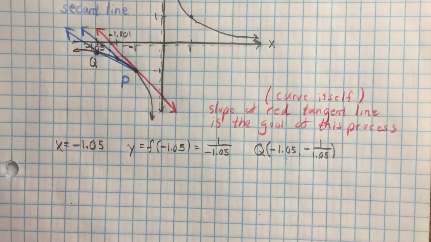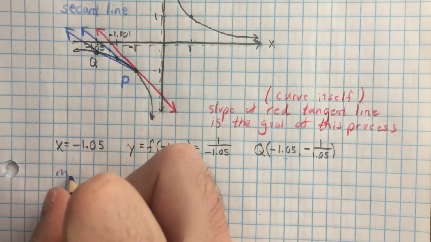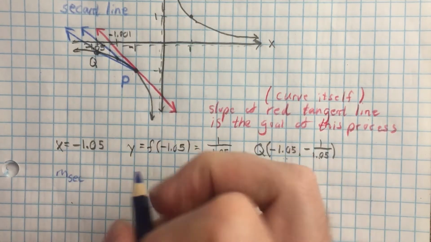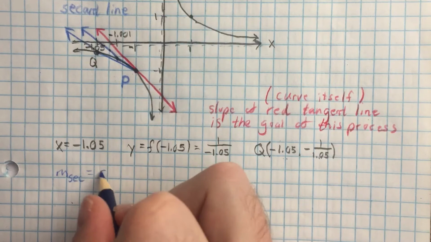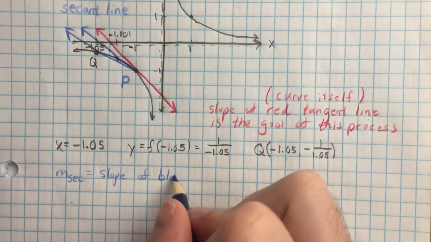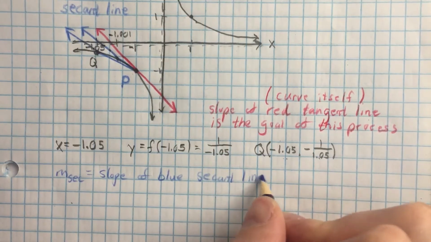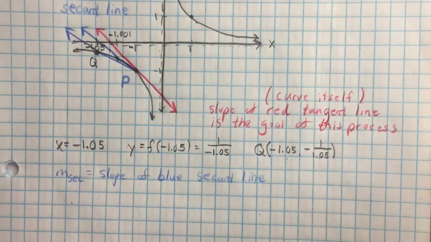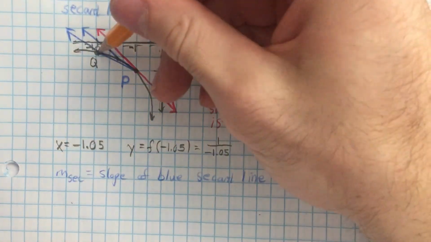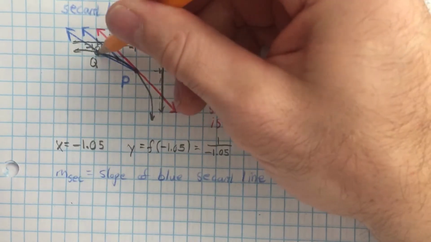All right, m_sec, which is also in the table, m_sec is the slope of the secant, the slope of the blue secant line that I have in my picture. So what's happening is you construct Q, and the secant line between P and Q. P never moves, Q is moving.